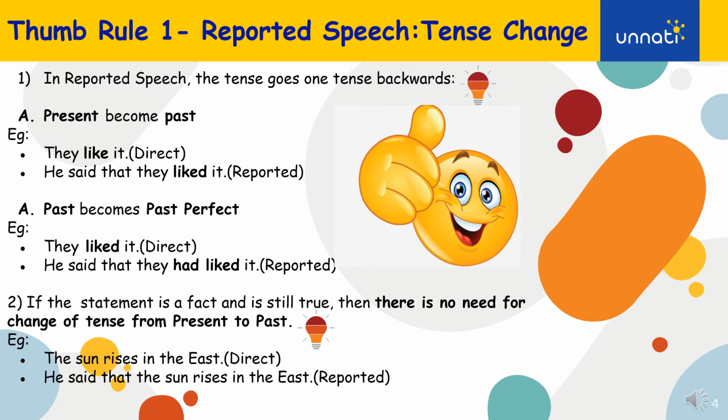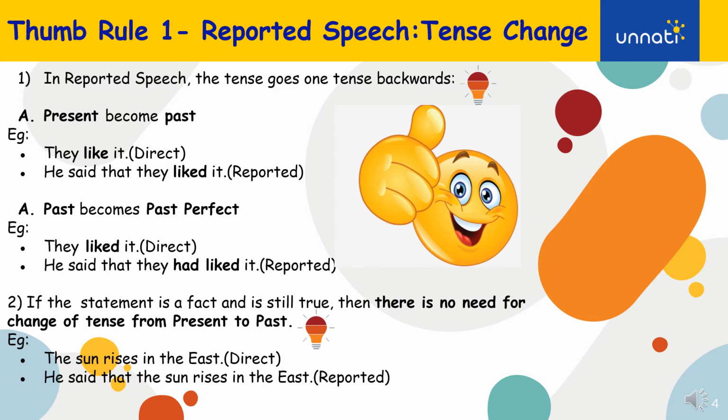For example, if it is present tense, it will become past tense. They like it, direct speech. He said that they liked it, reported speech. So like, present tense, becomes liked, past tense in the reported speech.